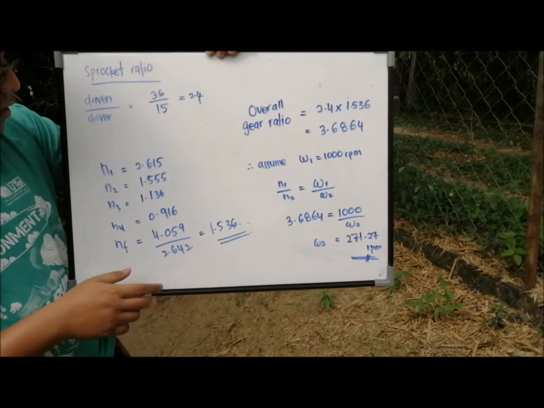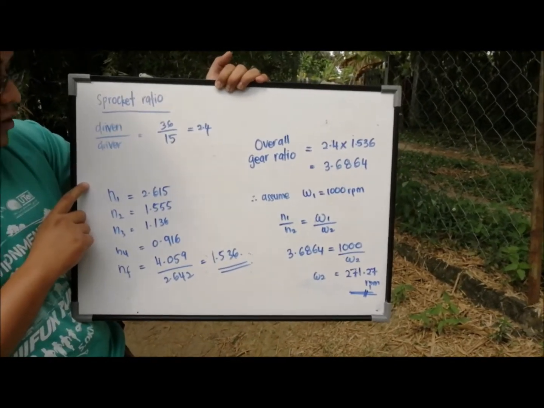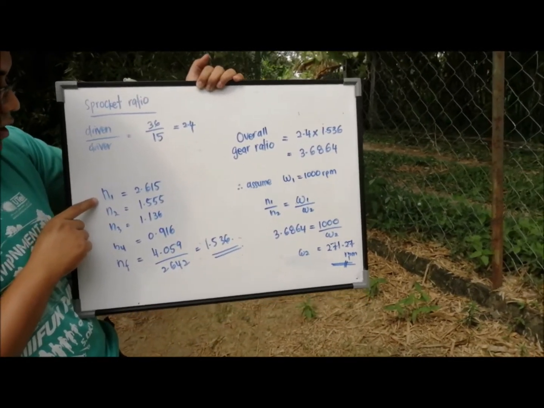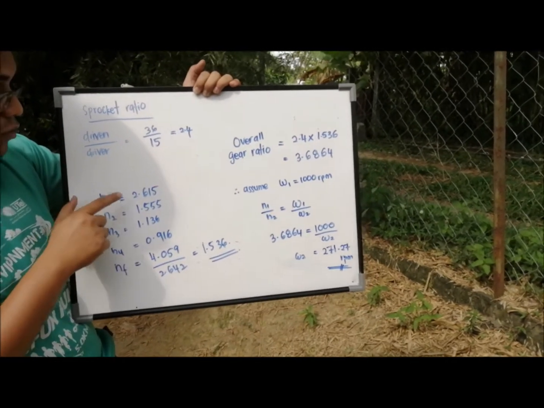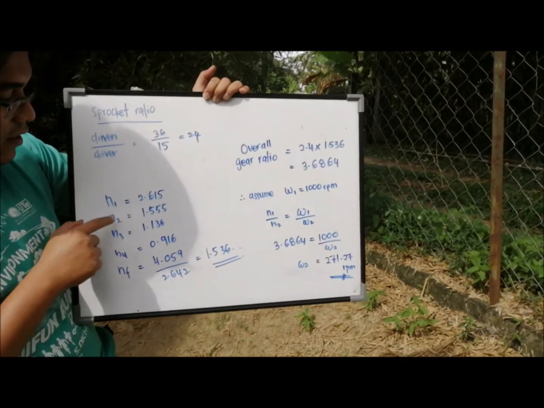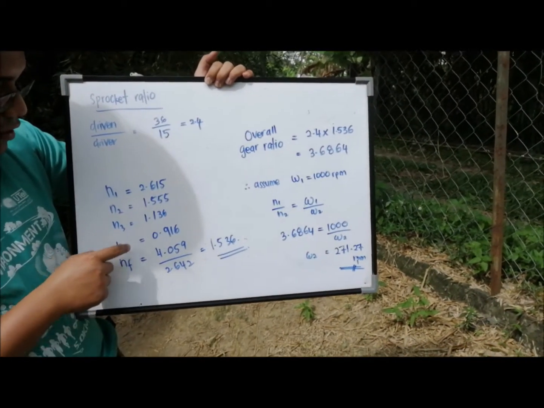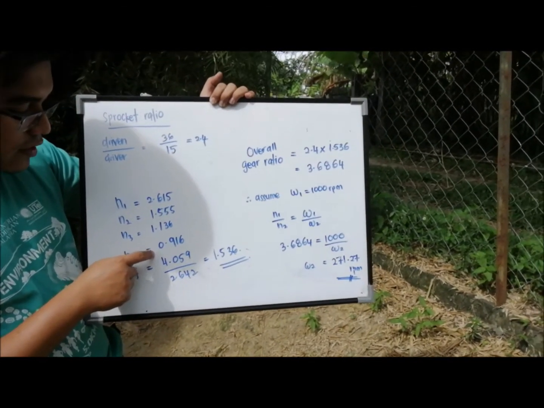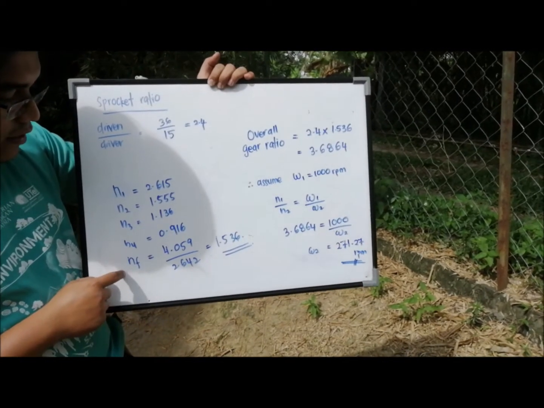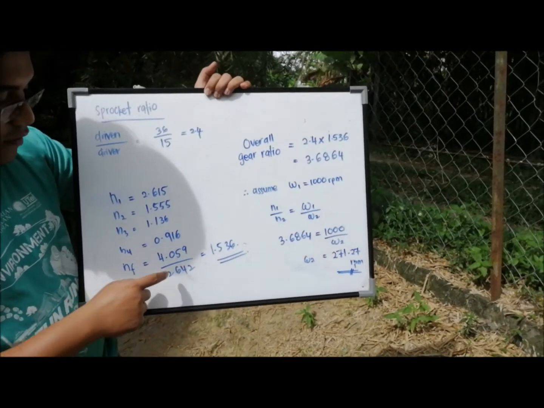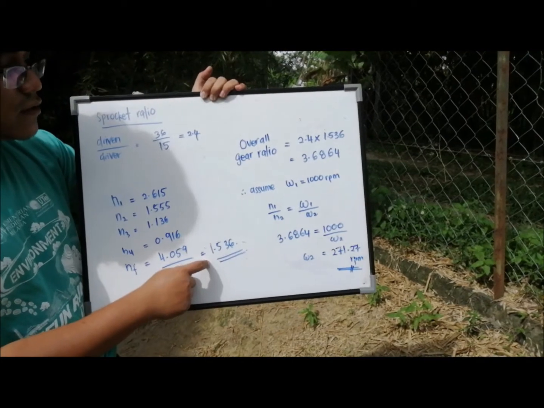And then according to the specification of the motorcycle, the gear ratio for the first gear is 2.615, the second gear is 1.555, the third gear is 1.136, and the fourth gear is 0.916. And then for the final gear ratio, we have 1.536.